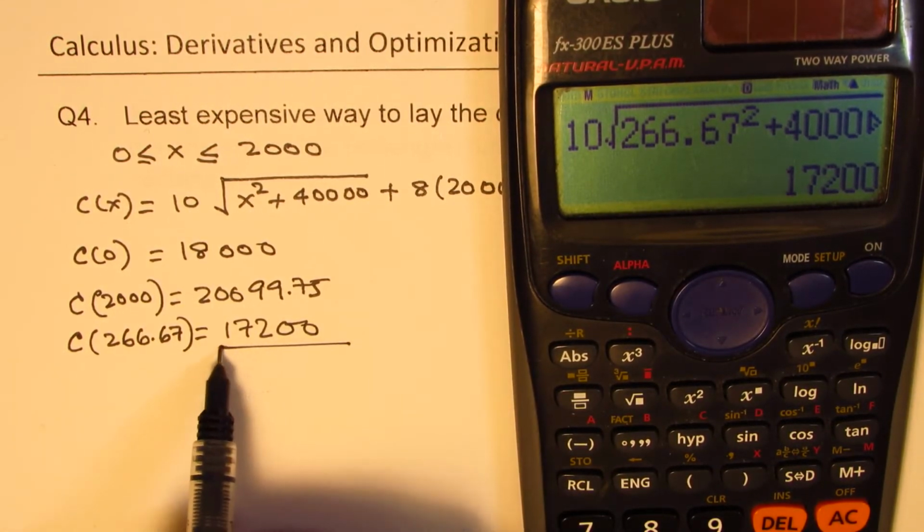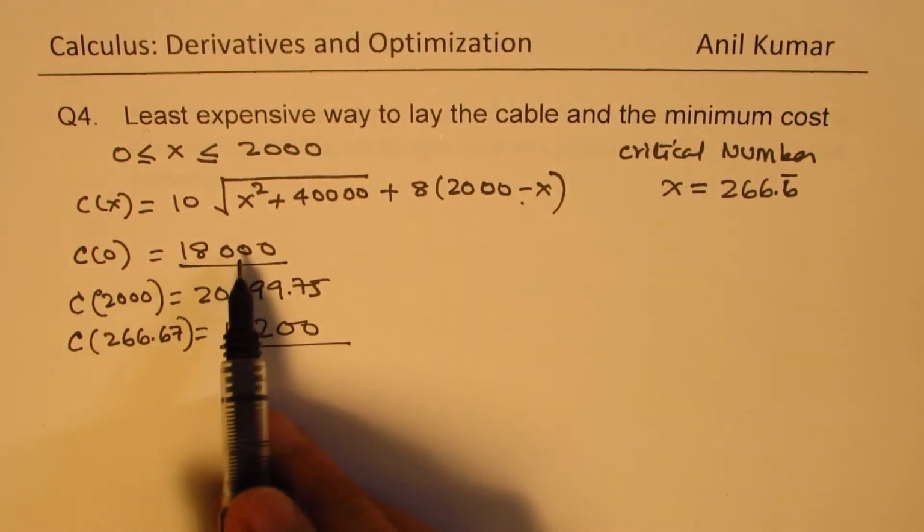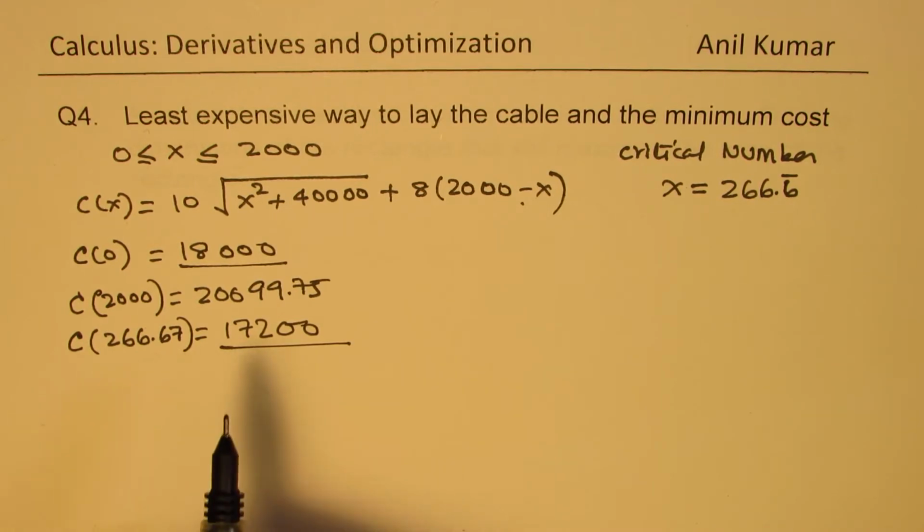Correct? So 170,200 is much lesser than 18,000, so that is the minimum cost, right? So what is the least expensive way to lay the cable, and what is the minimum cost?